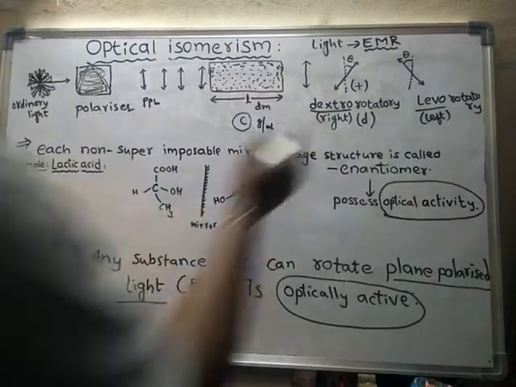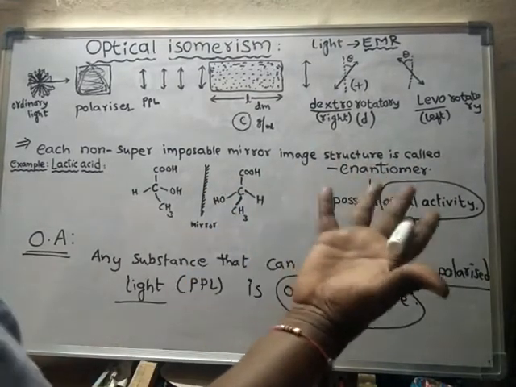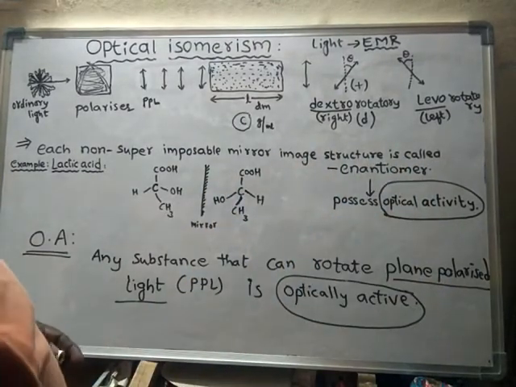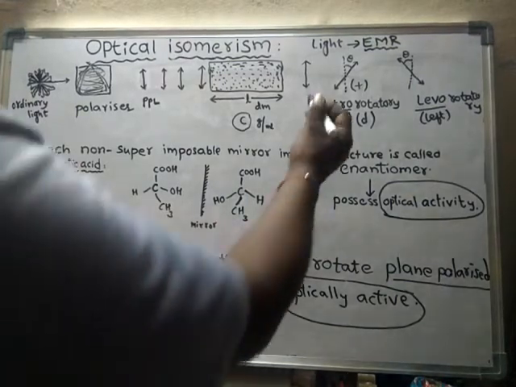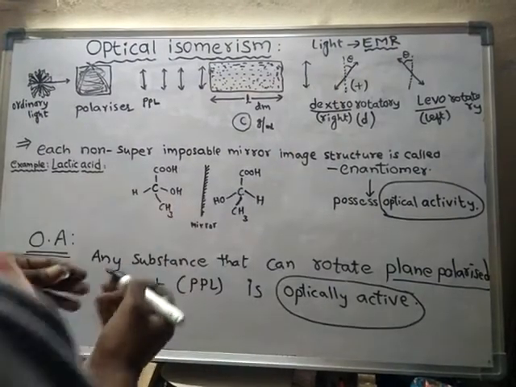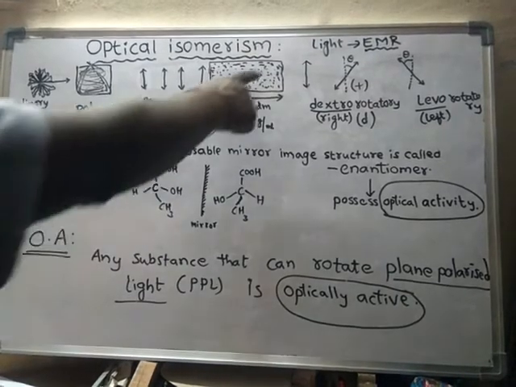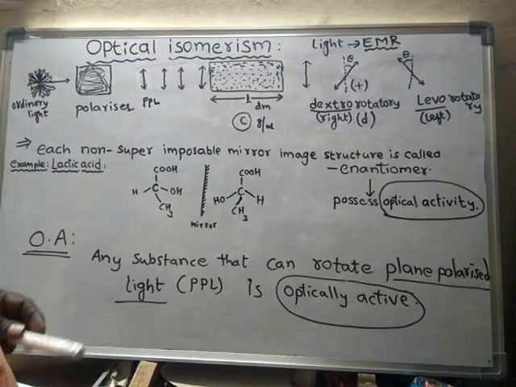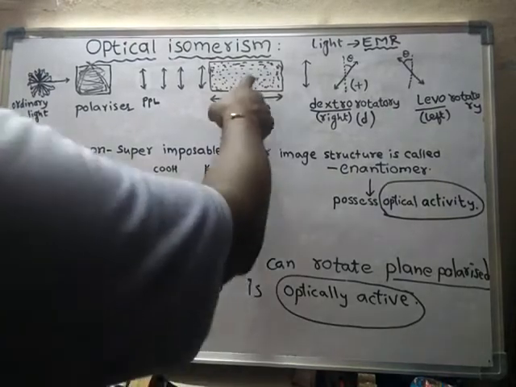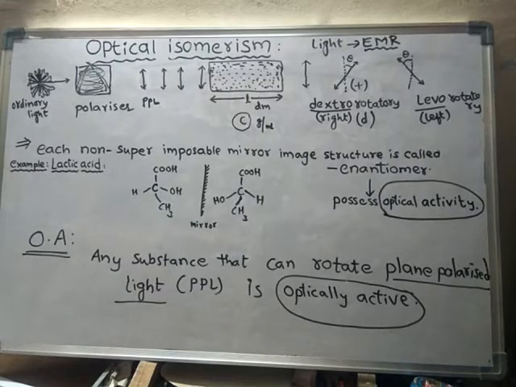Dextro means right; dexter means right hand. The rotation of the plane polarized light towards the right side is dextrorotatory. If the compound rotates the plane polarized light towards the left side, then it is a levorotatory compound.